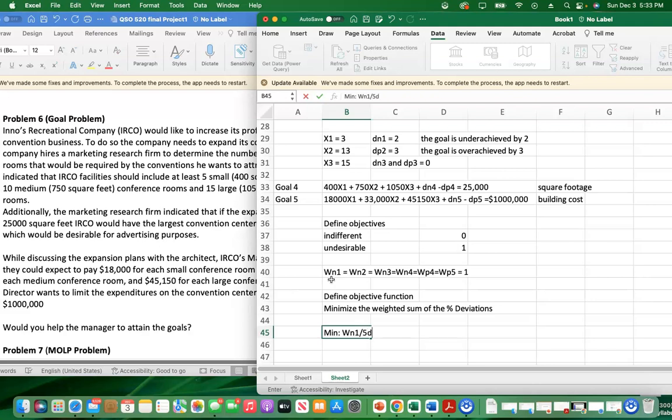times, so we can write it as minimizing. We're going to start with this one, WN1 times the deviation, which is DN1 divided by 5, plus, we're going to consider this as well.